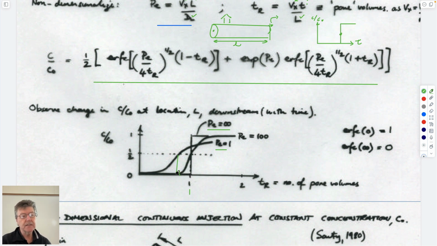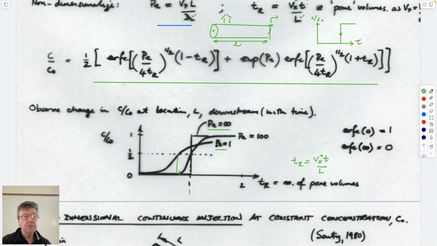And of course that kind of makes sense, because the pore volume, if we plot this term, so if, for instance, the advective velocity is 0 in a clay, then this is saying that the time for it to get to you is going to be infinity.